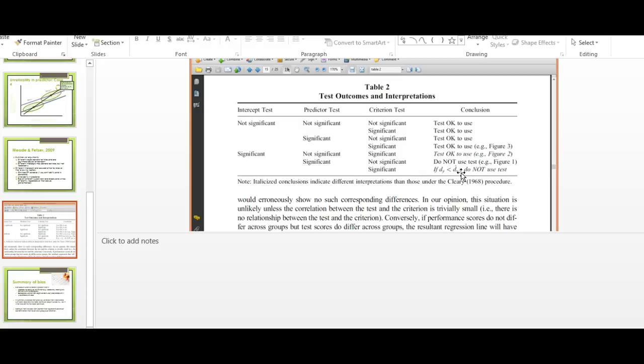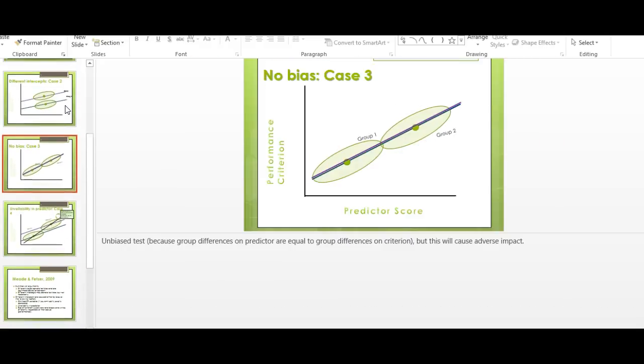Okay, and some of this is technical detail that they explain in the paper, so don't worry about knowing that. So if there's a significant intercept test, and then we have a significant predictor test, and then we have the criterion test not being significant, that is the worst case, and we cannot use the test, or we should discontinue.